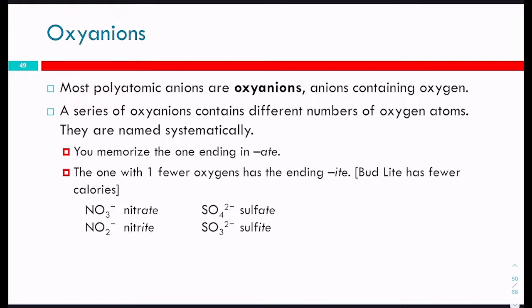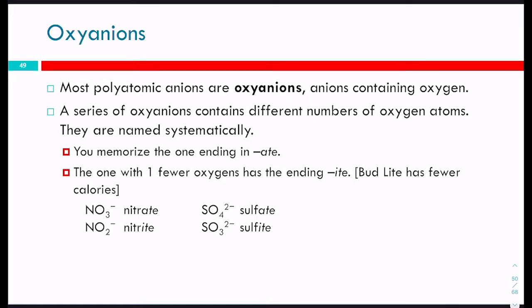Okay, so oxyanions. Most polyatomic ions are oxyanions. There are a lot of them, but I think they're easy to name if you can remember the rules for naming them. You only have to memorize 7 of them.